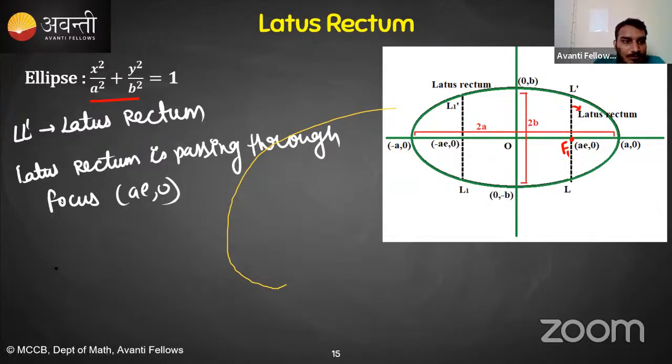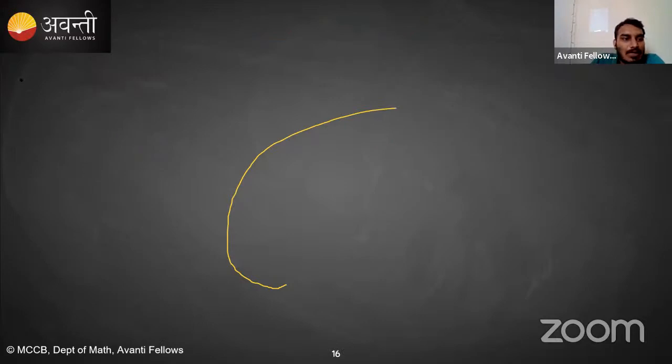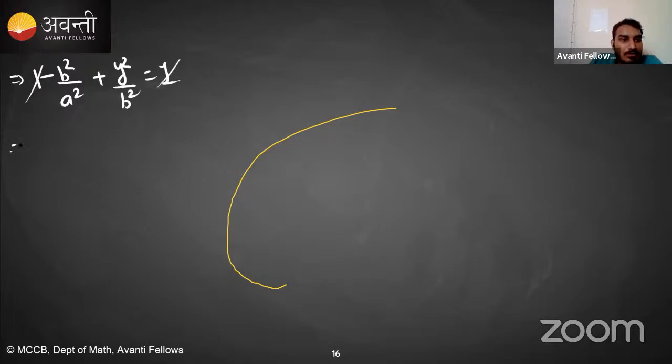At (ae, 0), x is ae. So a square e square upon a square plus y square upon b square is equal to 1. The a square cancels out, so you get e square plus y square upon b square is equal to 1. What is e square? e square is 1 minus b square upon a square. So those terms cancel out, and you are left with y square upon b square is equal to b square upon a square.